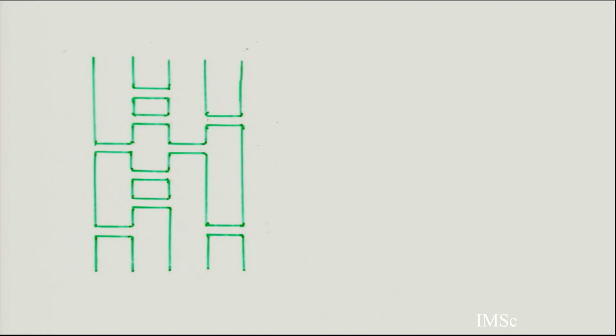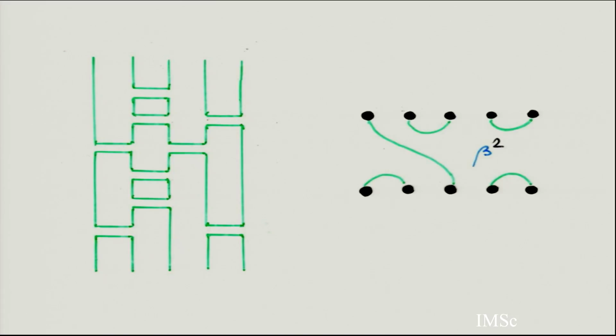If we want to look, here is a diagram. So there are some loops. You recognize beta to the square. Each time there is a loop, this is a beta. And now you recognize that if you take this line, you go, and then you come back here. So if I was taking this green line and stretching them, I would get this.